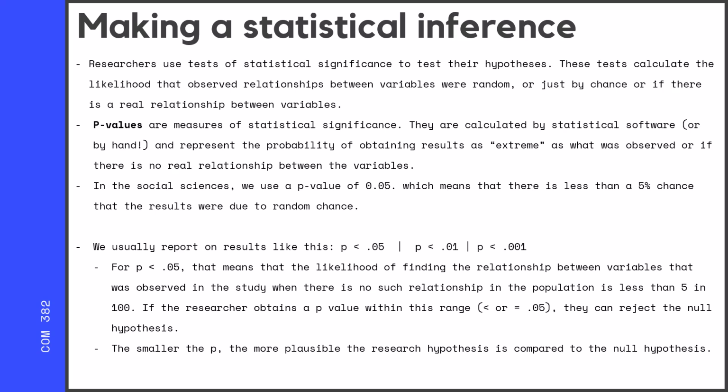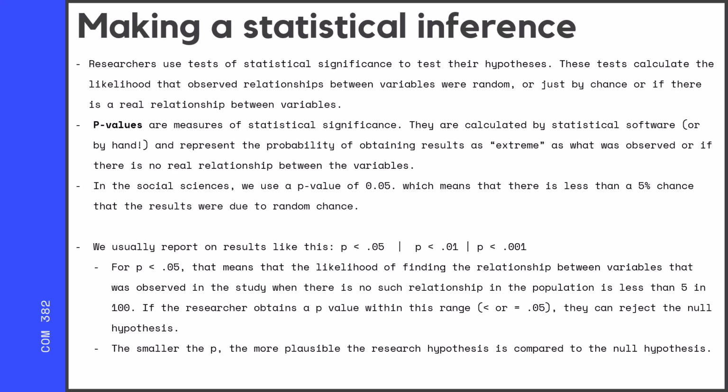P-values represent the probability of obtaining results that are as extreme as what was observed, if there's no real relationship between the variables. As I mentioned a moment ago, there's a long-standing tradition in the social sciences of using a 0.05 significance level, which means that there's less than 5% chance that the results were due to random chance.